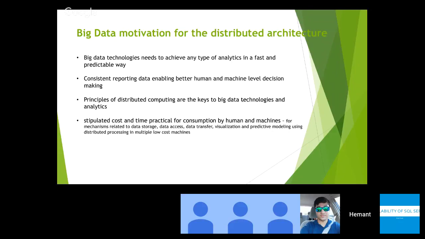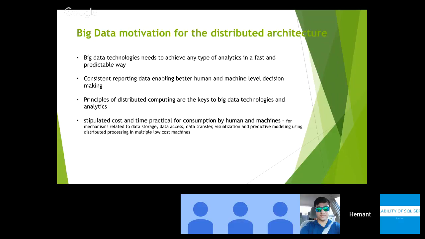All the principles and characteristics, we saw them combined. Basically, it's also around the stipulated cost and time-practical analysis for consumption by human and machine. I mean, we can have all kinds of data, but if the cost of doing any computation or getting to any results is not time practical and not cost effective, it is of no use.